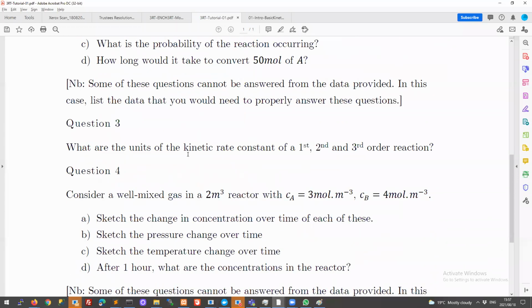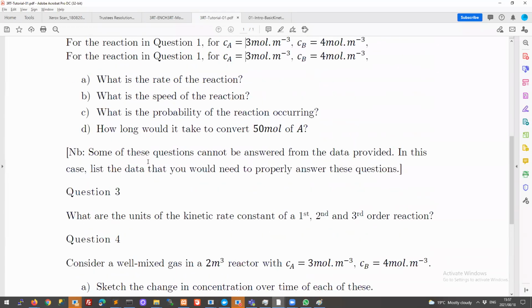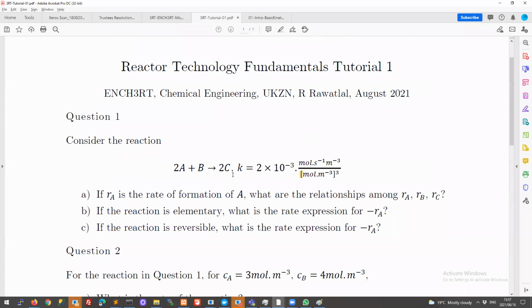Okay. And now something also to talk about, I guess this should be the last thing, is that our kinetic rate constant here has these weird units. You can see here moles per second per cubic meter per moles per cubic meter cubed, right?